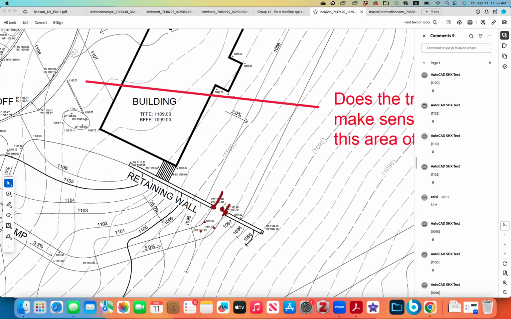Because we are at about 1097.7 over here. Or, oh, actually even a little bit lower. We need to calculate this to be able to know where these elevations are. Does that make sense? Yeah, this portion is a little too flat, in my estimation.